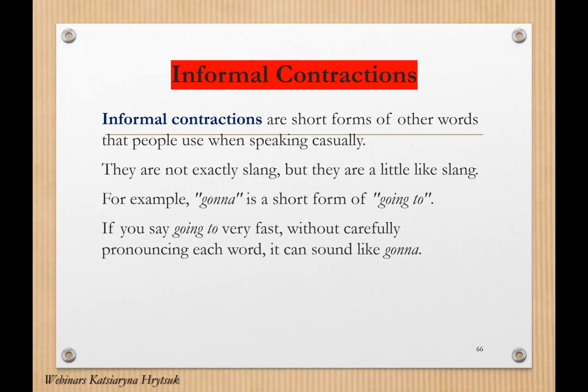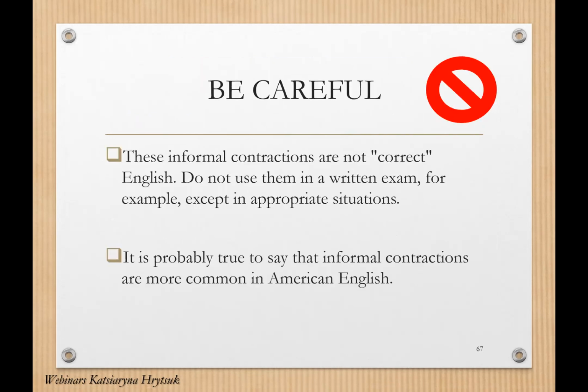But be careful: these informal contractions are not correct English. This is not something you can use in a written exam. Mostly you can hear them in the movies, and that is very common in American English.